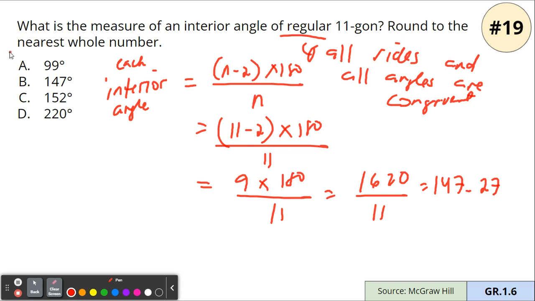Since we're going to round to the nearest whole number, our answer is letter B, 147 degrees. So remember, if you're looking for each interior angle of a regular polygon, find first the sum of the interior angles of the polygon, and then divide by the number of equal sides.